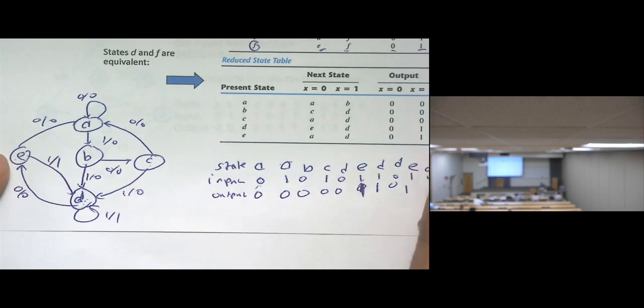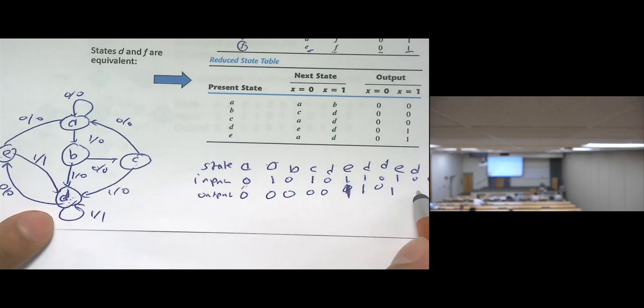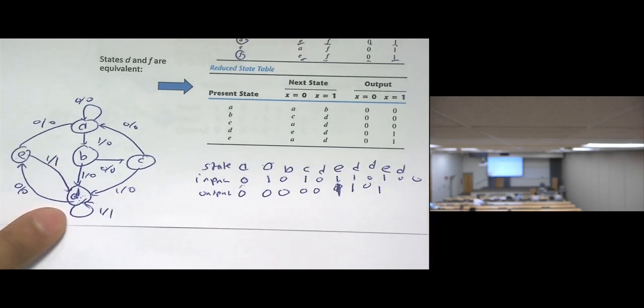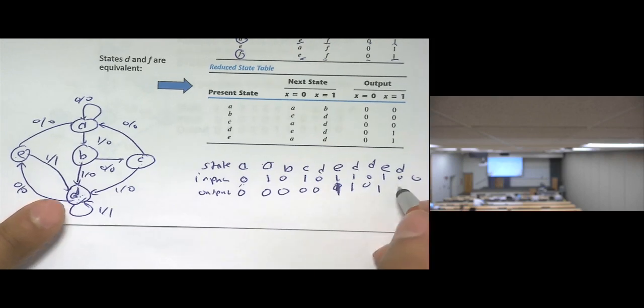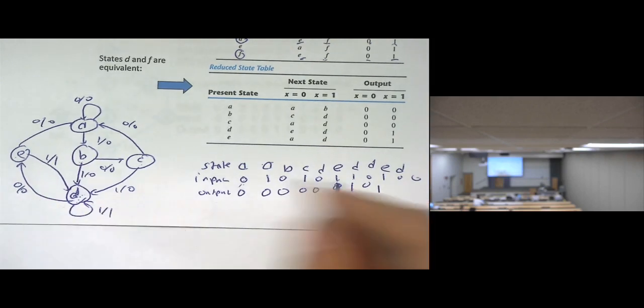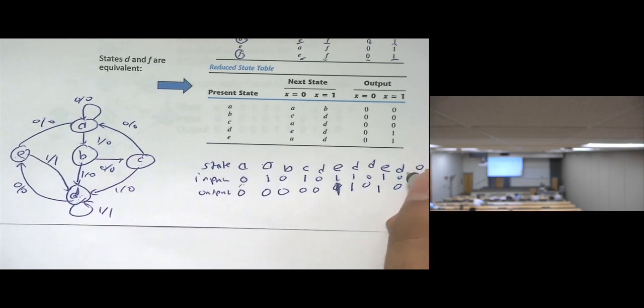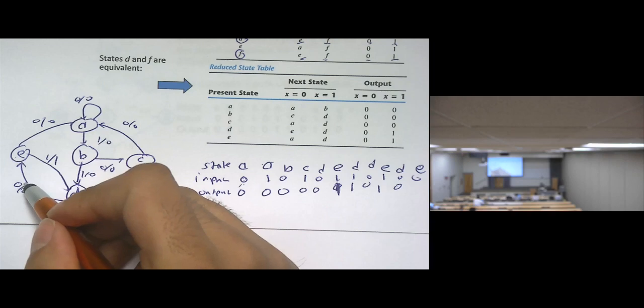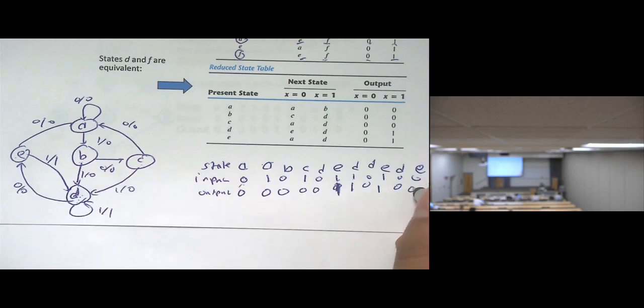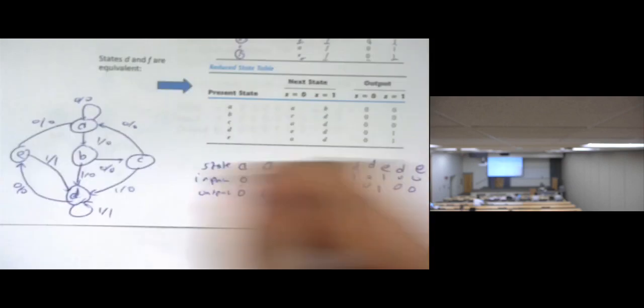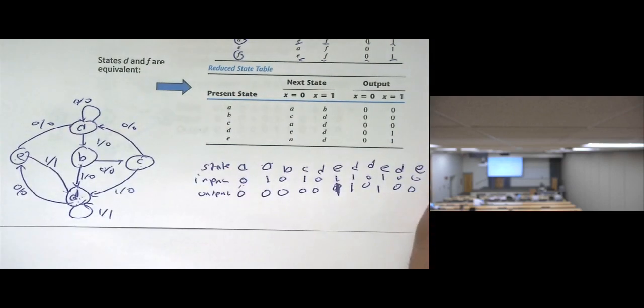D. Now at D, the input is 0, the output is 0. Then I will go to E. Now at E, the input is 0, the output will be 0, then the next state will be A, I'm sorry, because 0, 0, A. So there are no other inputs.